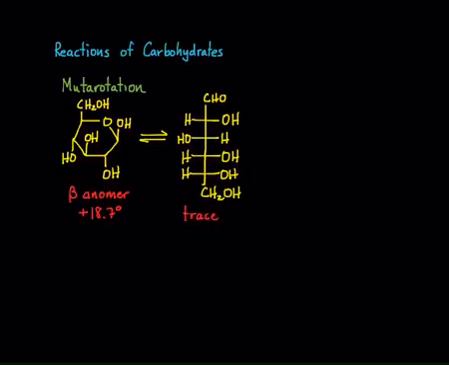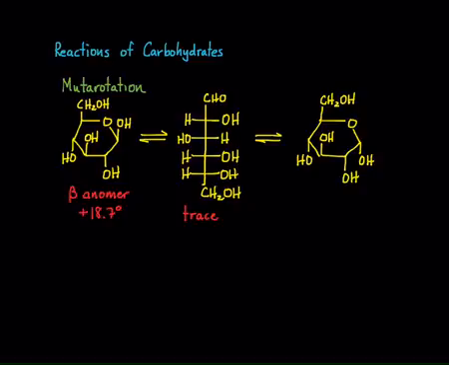And that aldehyde certainly exists in trace amounts. But if we think about that aldehyde reforming the hemiacetal, we can get more beta anomer, but we could also get some of the alpha anomer as well.